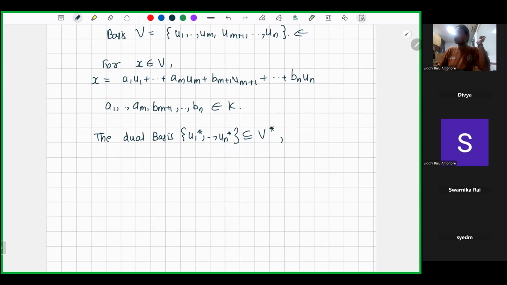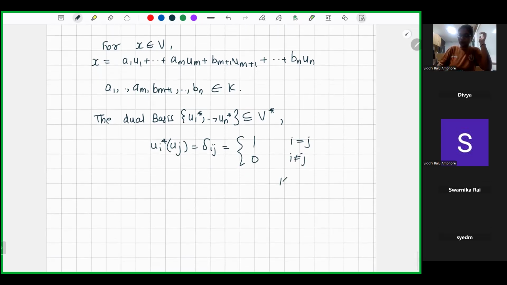And this is such that ui star of uj is delta ij, and delta ij is the function such that it is 1 if i is equal to j, and it's 0 if i is not equal to j, for all i, j between 1 and n.